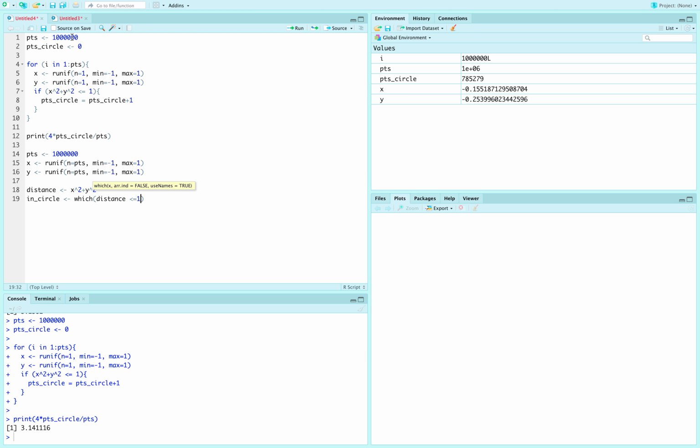Ibig sabihin, inilalagay lang natin sa vector na 'to yung mga points na pumasok dun sa loob ng circle. Okay? So finally, yung similar variable as before, yung number of points inside the circle will actually be the dimension of the vector in circle.